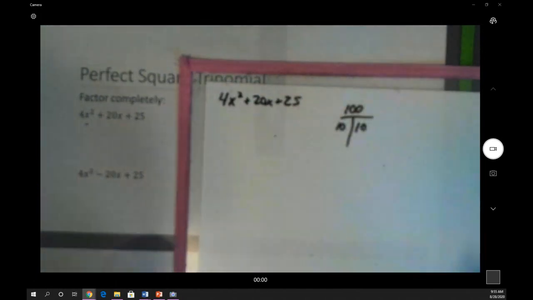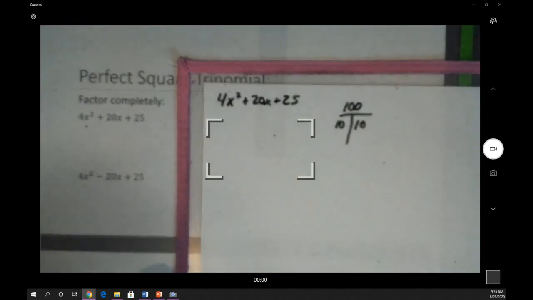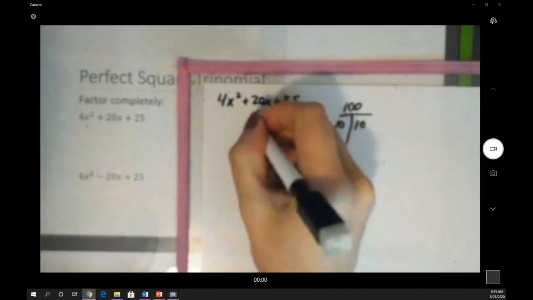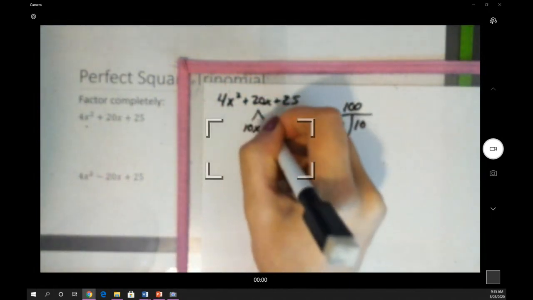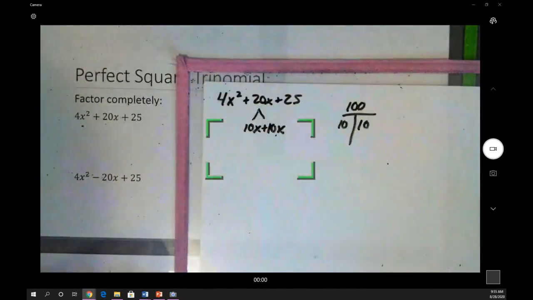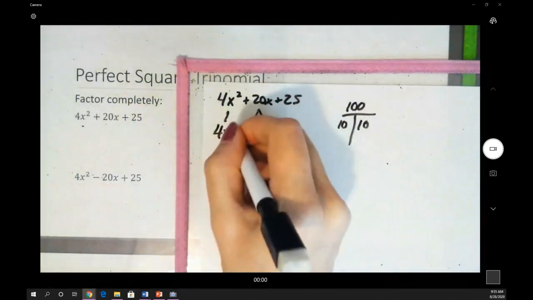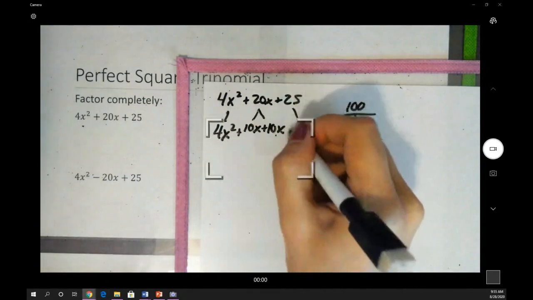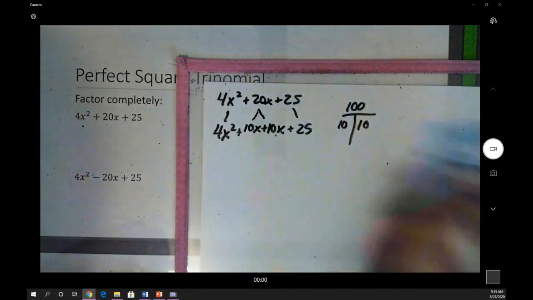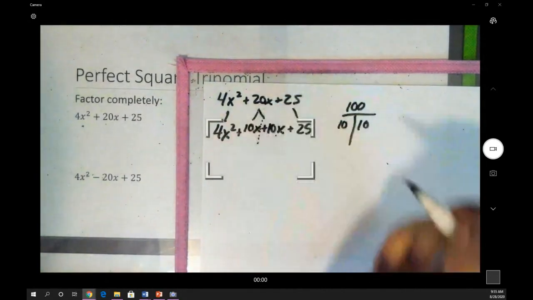That's going to be 10 and 10. So what I need to do is take that 20x in the middle and break it into 10x and 10x. I need to bring down my 4x squared and my 25. Break it down the middle.